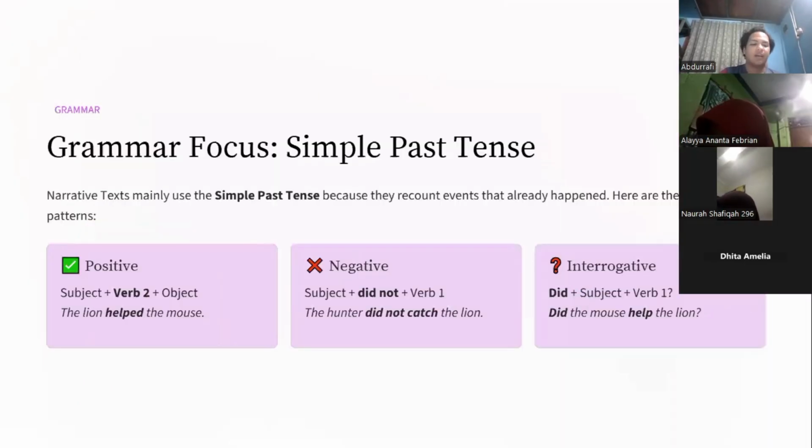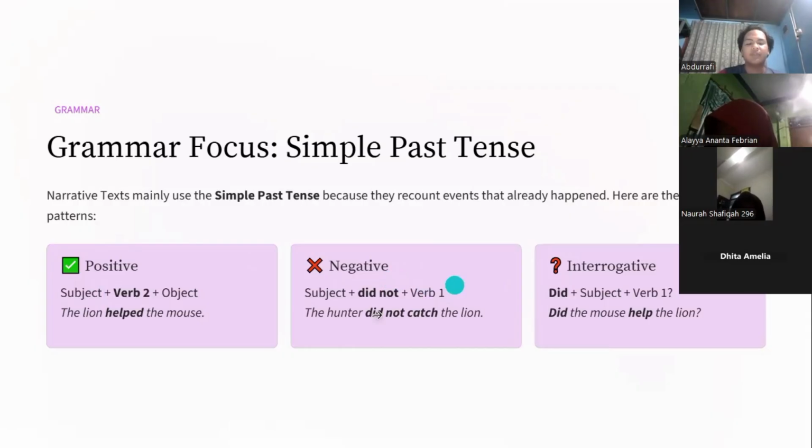Okay, because narrative text tells past events, they mainly use the simple past tense. Let's review the sentence patterns. For positive sentence, the formula is subject plus verb plus object. For example, the lion helped the mouse. For negative sentence, the formula is subject plus did not plus verb 1.